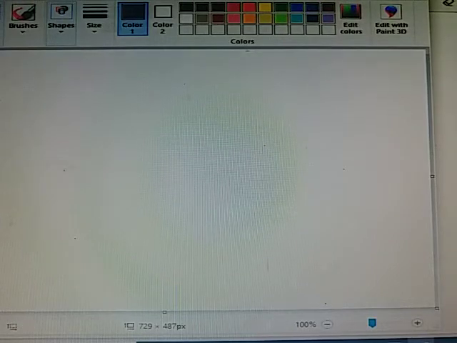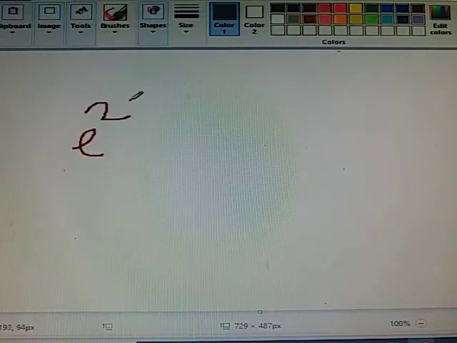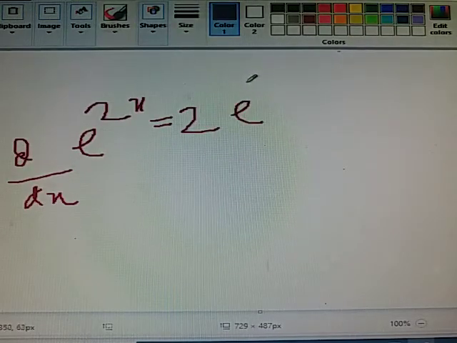So d/dx of e to the power twice x is 2 e to the power twice x.